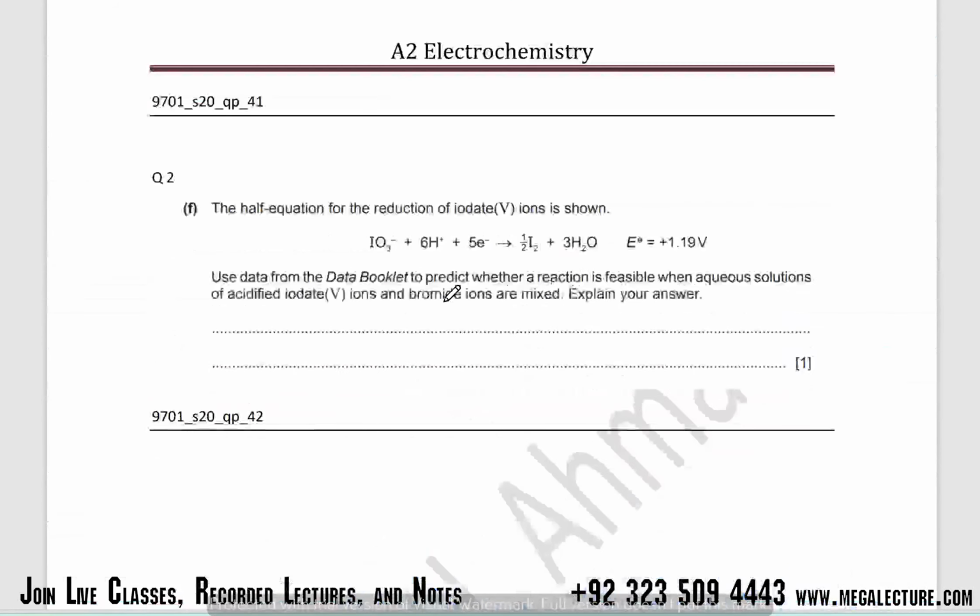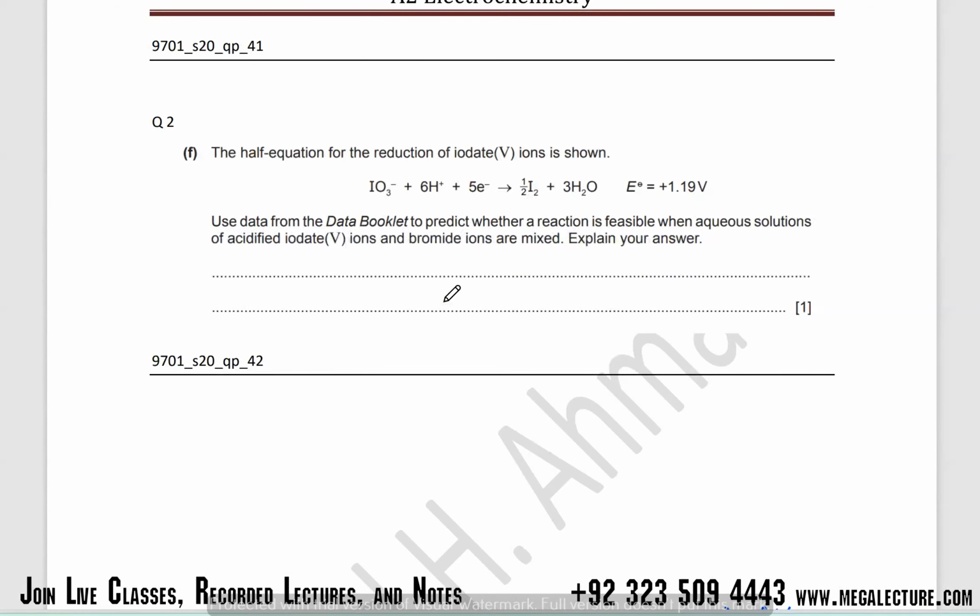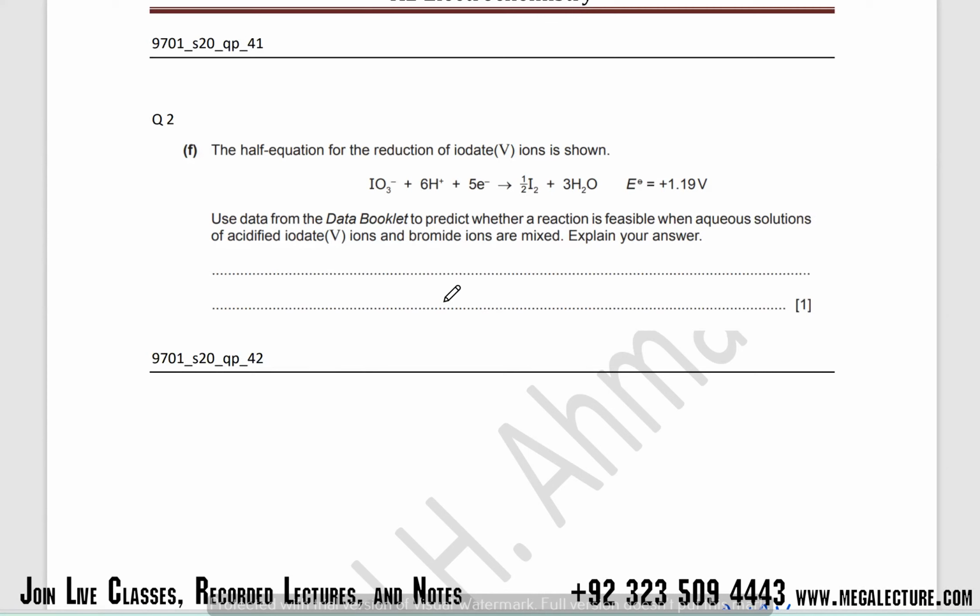So we're going to move to the next one, which is this one. Try doing this one. He's saying use data from the data booklet to predict whether a reaction is feasible when aqueous solutions of iodate 5 ions and bromide ions are mixed.